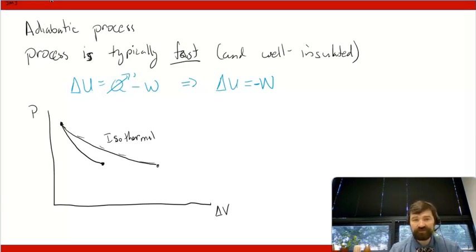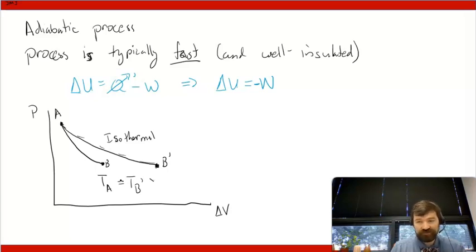With isothermal, the temperature here and here is the same. For this one over here, your temperature ends up being somewhat lower because you're not adding any heat to the system, but you are doing work on or by the system. So in the isothermal process, temperature A and temperature B, or we could maybe label it B prime, should be equal to each other.